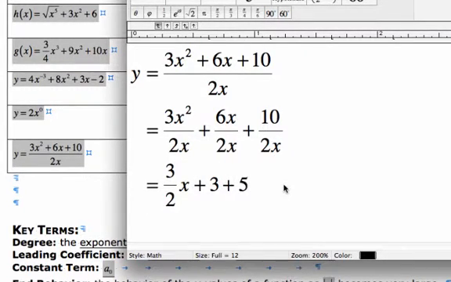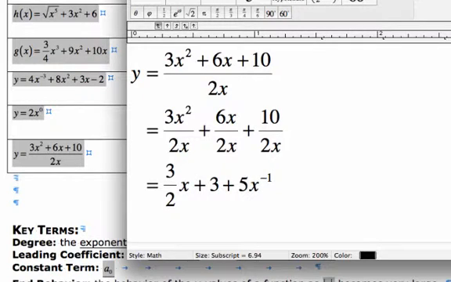Where we run into the problem is in the last term here. 10 divided by 2 is 5, but we're going to be left with 1 divided by x, which can actually be expressed in a different way. Whenever you have a variable in the denominator, you can express that whole fraction as your variable to a negative exponent.